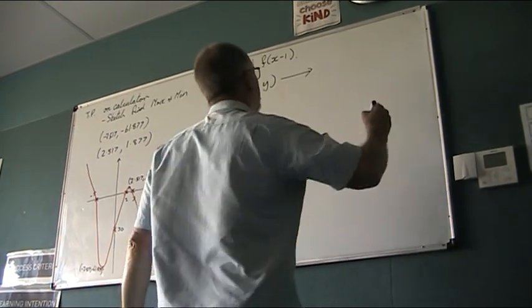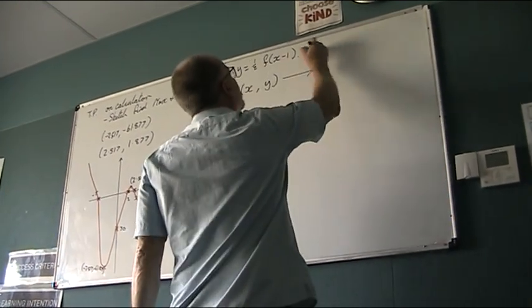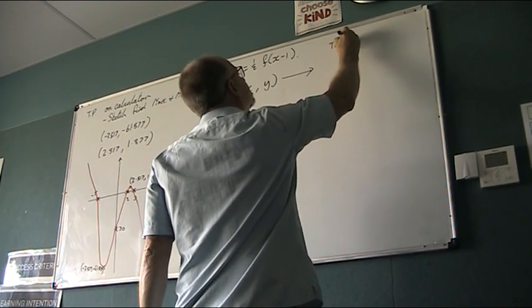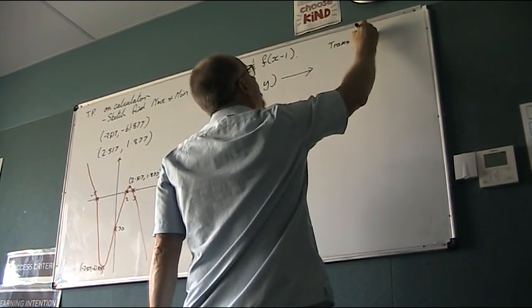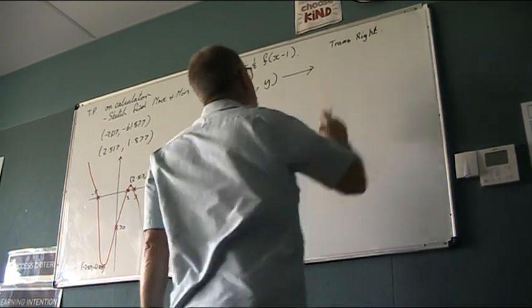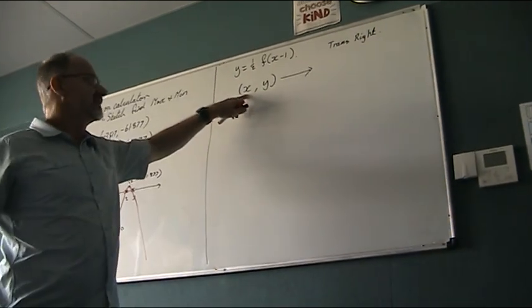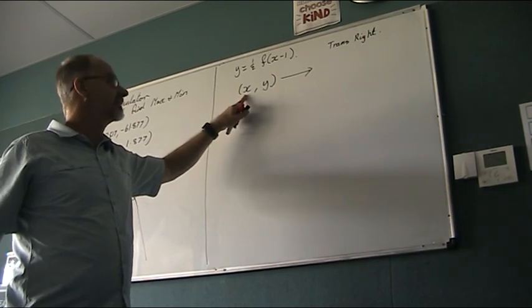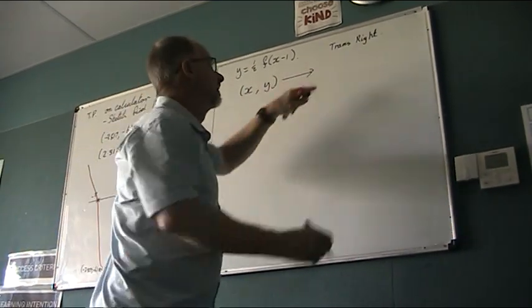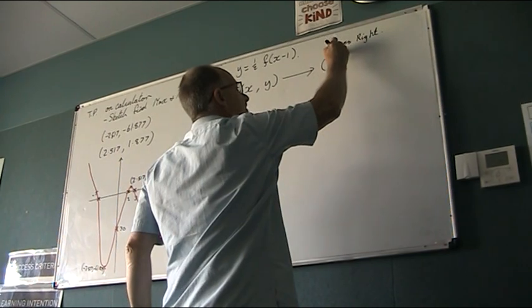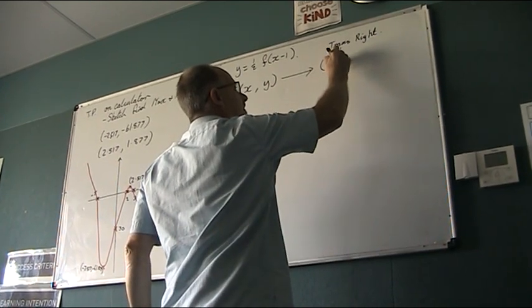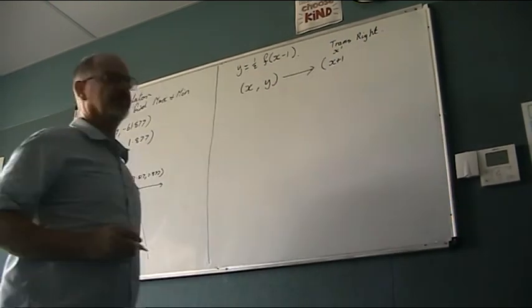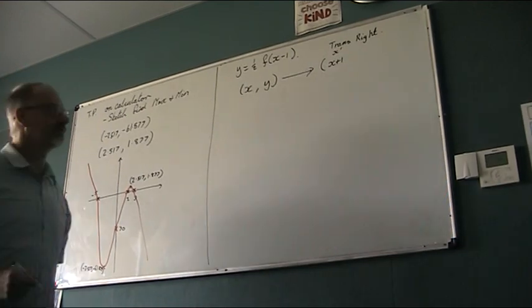So we've got a translation right. And then it's just f. So if our original x is translated to the right, our image is x plus 1, move to the right.